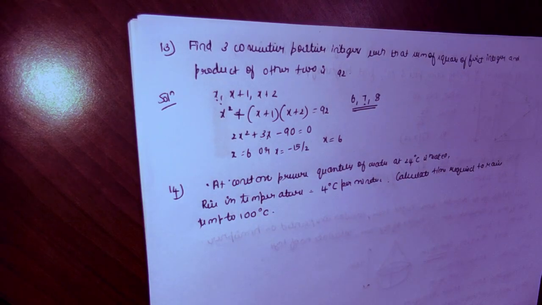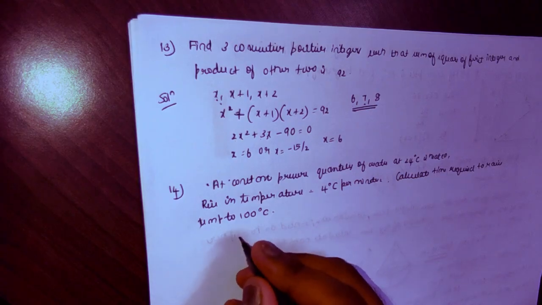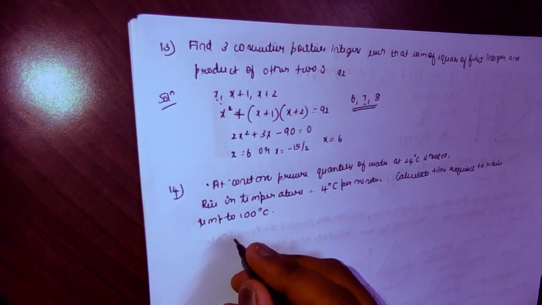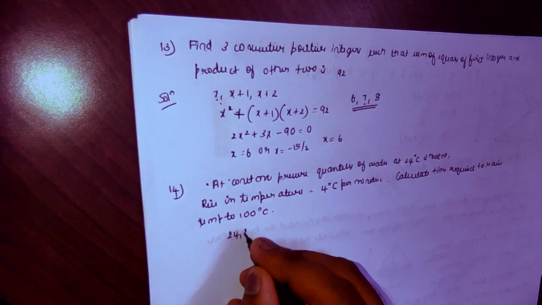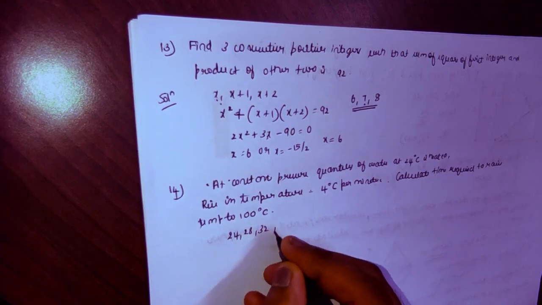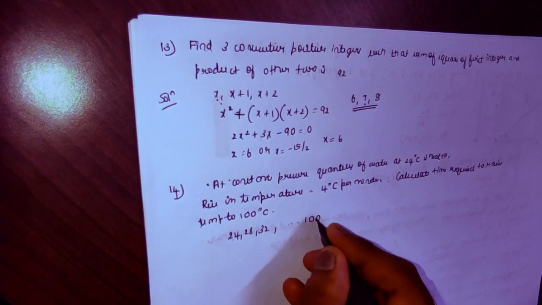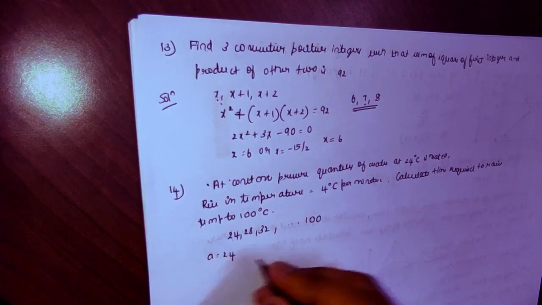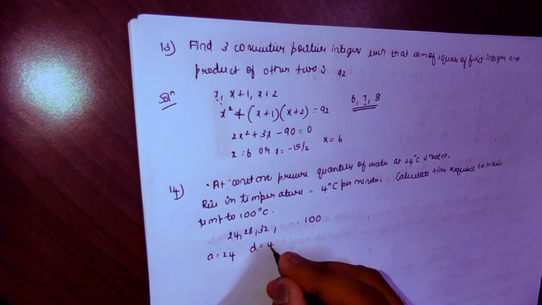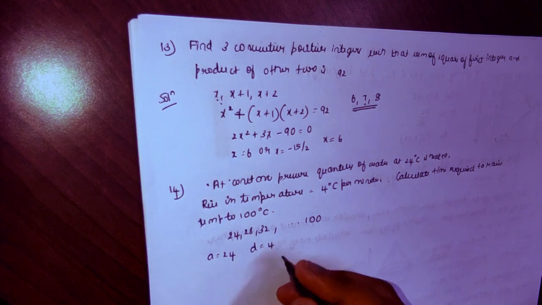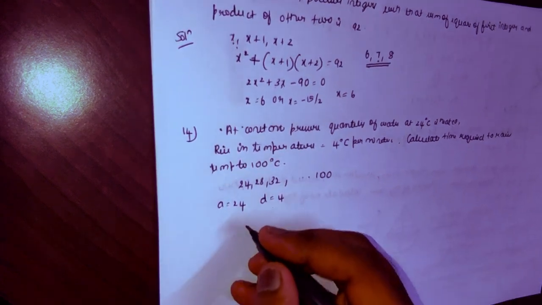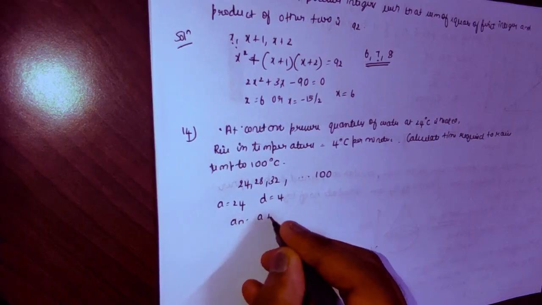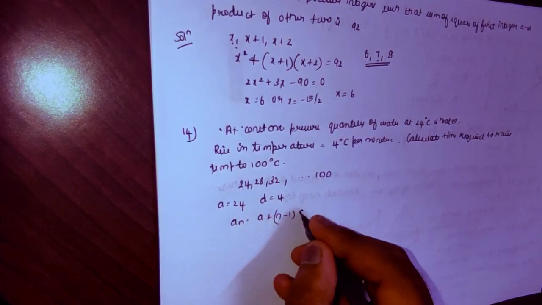So the temperature of the water is 24 degrees Celsius and it is raised by 4 degrees. It becomes 24, 28, 32. We have to find up to 100. We know the value of a, that is 24. This is like an arithmetic progression. Difference is 4. We will apply the nth term of the arithmetic progression formula, Tn is equal to a plus n minus 1 into d.